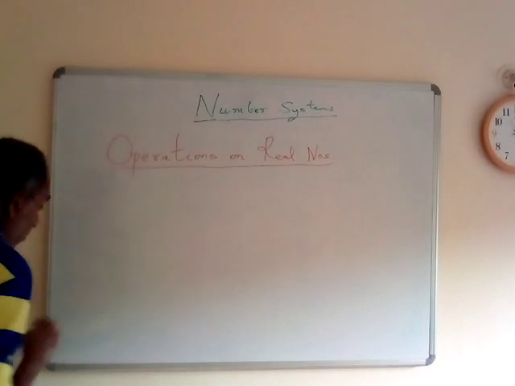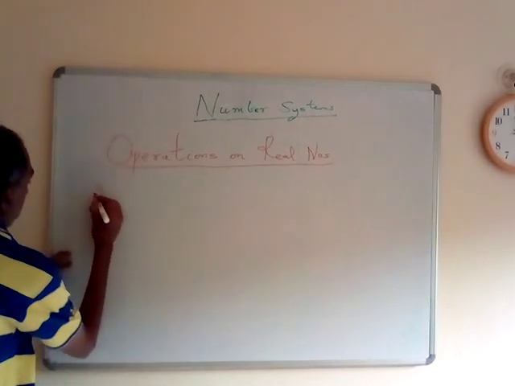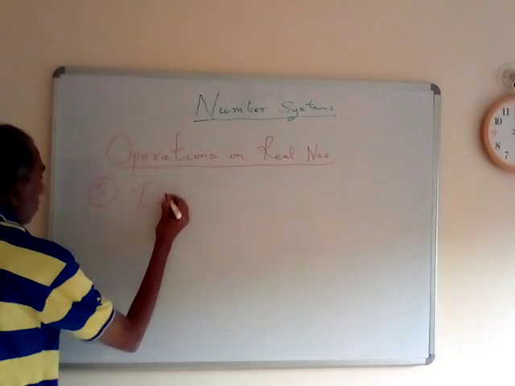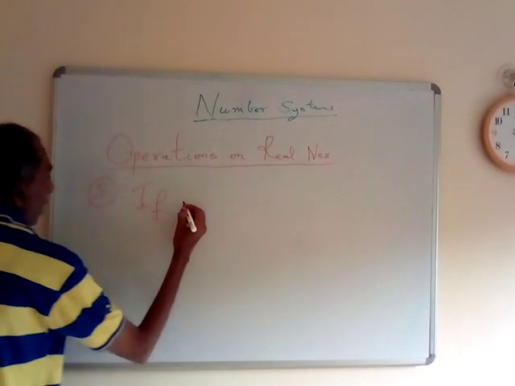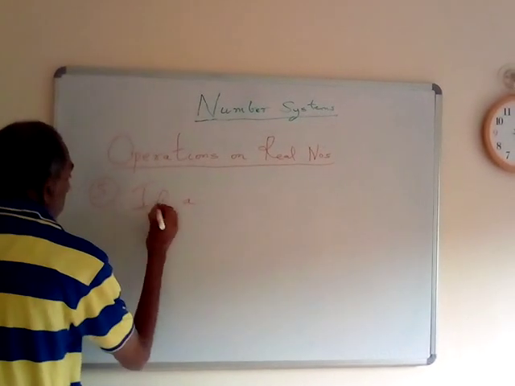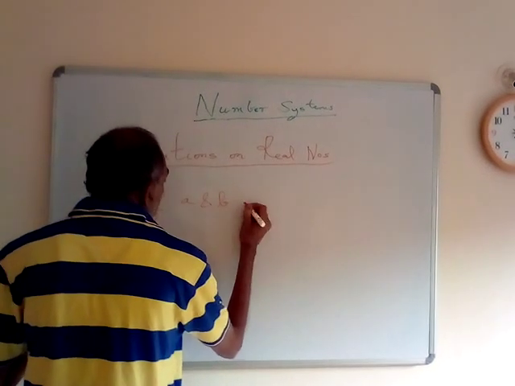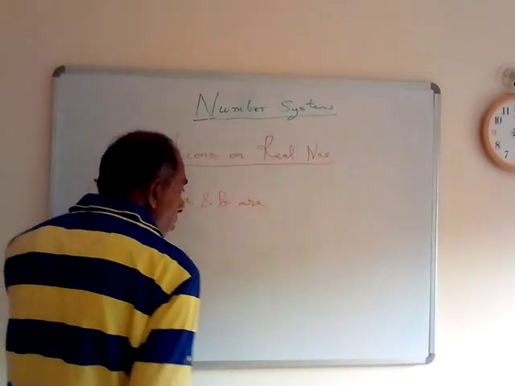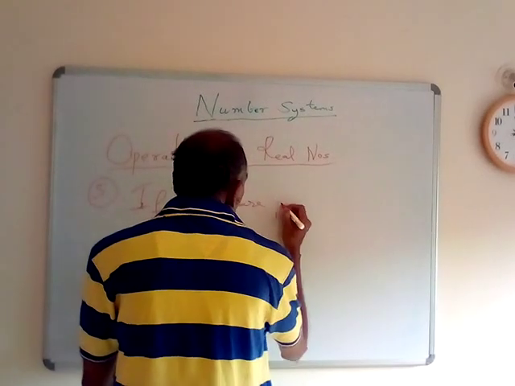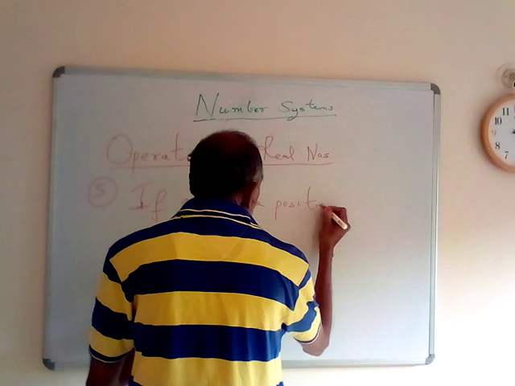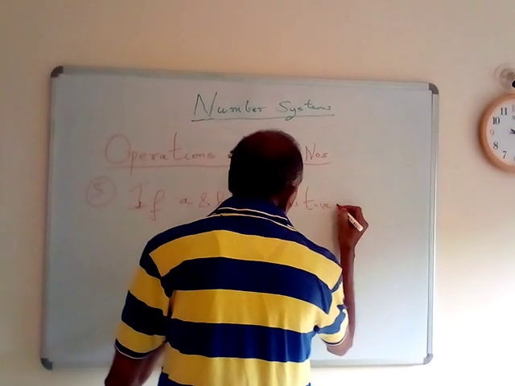So in the fifth, we have: if A and B are positive real numbers.